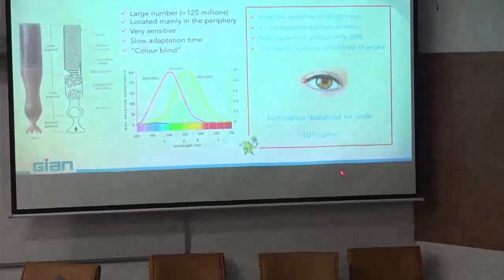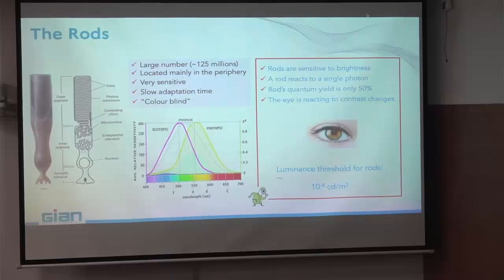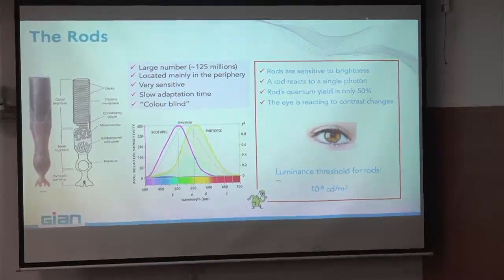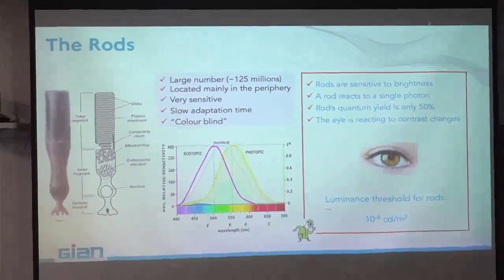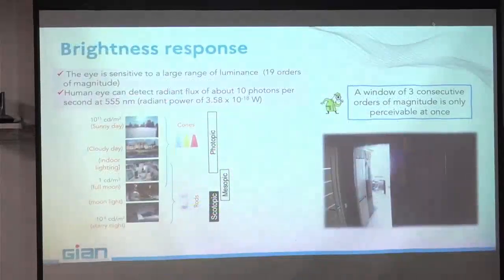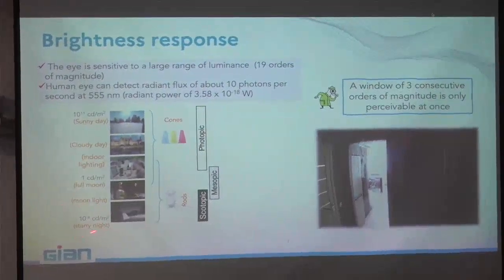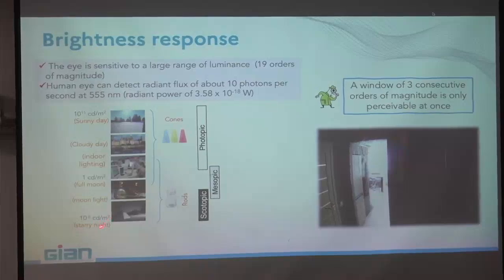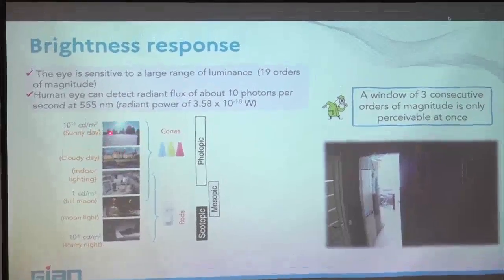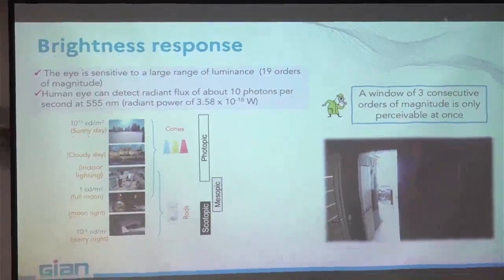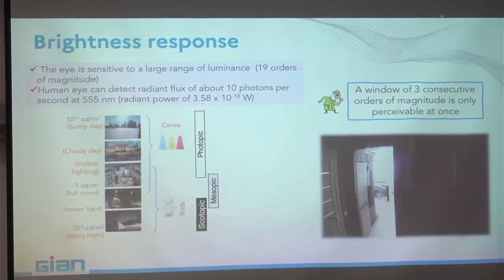And the rods can go down to 10 to the minus 8 candela per square meter. I remind you, 1 candela is a candle. Here it is 10 to the minus 8 candelas per square meter. It's just extremely low. In fact, our eye can see from 10 to the minus 8 candelas per square meter, which is the starry night, up to 10 to the 11 candelas per square meter, which is a sunny day with snow or a white sand beach at the equator.